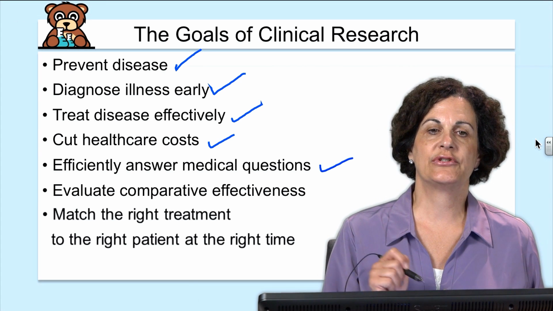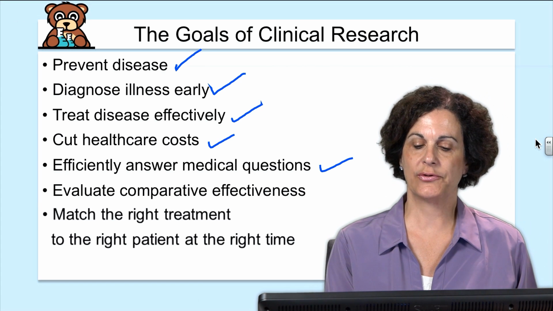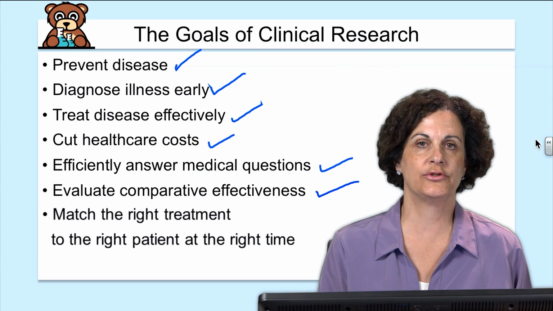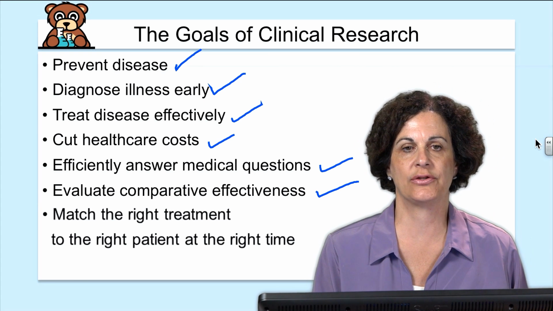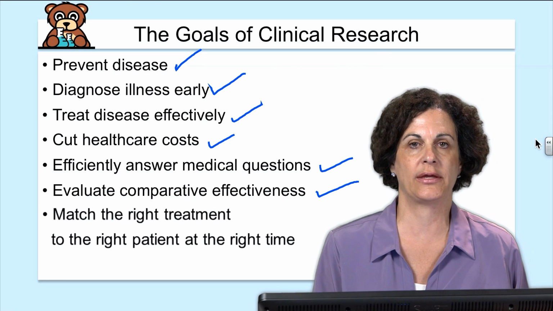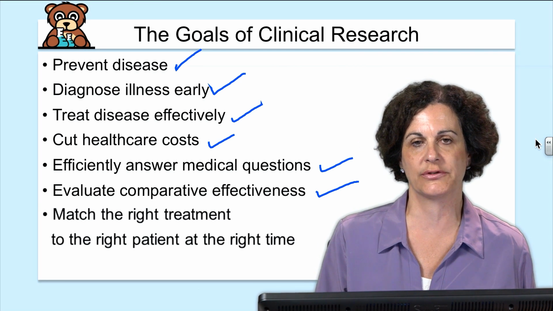Clinical research efficiently helps us to answer medical questions and also helps us to compare one drug to another, called comparative effectiveness research, matching the right treatment to the right patient at the right time. And we'll speak further about that in the course of this talk.